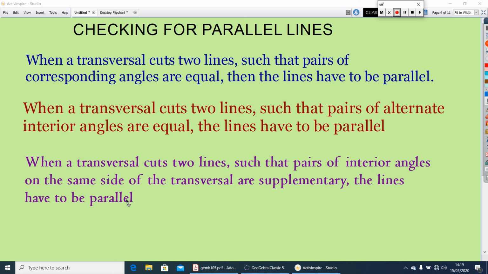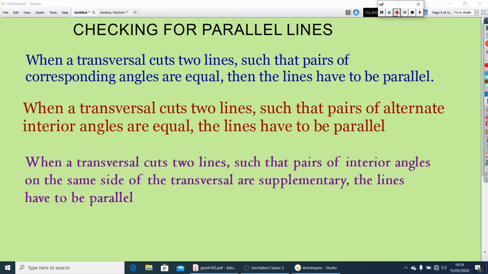These are the three conditions for two lines to be parallel. First, check whether corresponding angles are equal, or check whether alternate interior angles are equal, or check whether the interior angles on the same side of the transversal are supplementary or not.